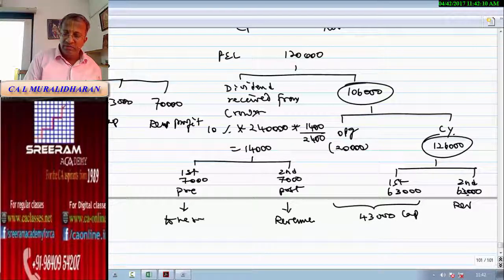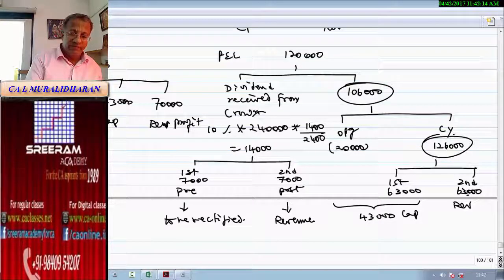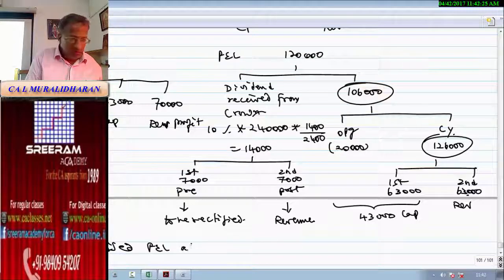So this is to be rectified. So now what will be the revised P&L account of Brown?